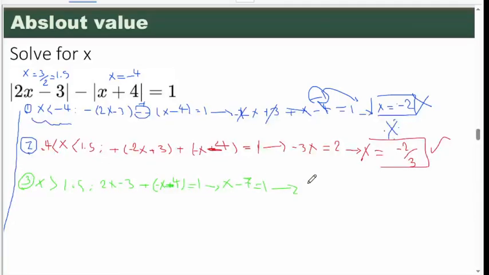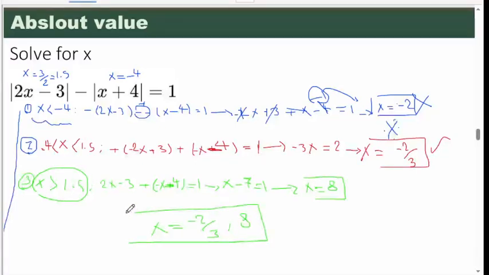So I bring 7 to the right side. x equals 8. 8 again is a member of this interval. So I can say x equals negative 2 thirds and x equals 8 make this expression true.